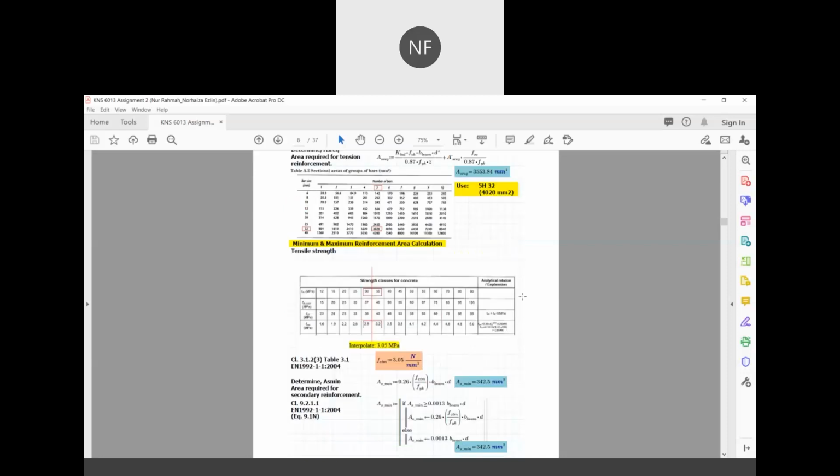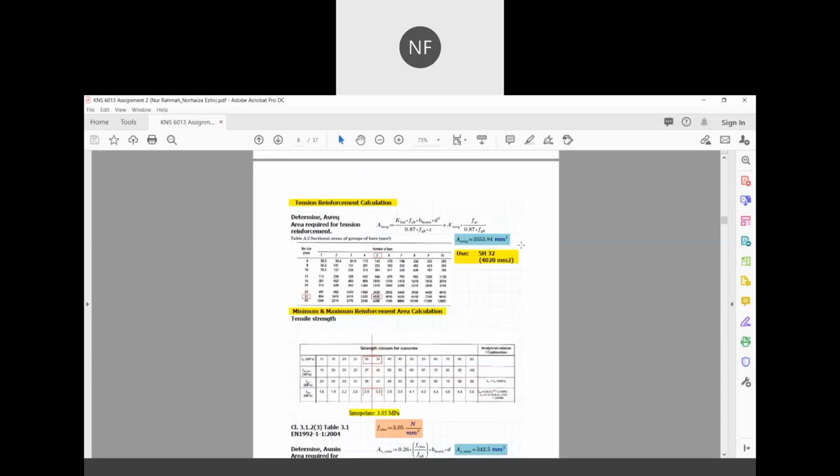The required area for tension is equal to 3,553.84 millimeter square. We compare with the sectional area table, and here we can use 5H32 for our design because the area is more than the calculated required area.